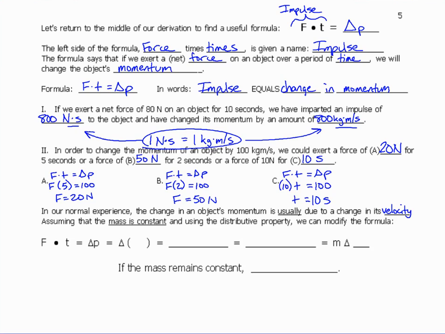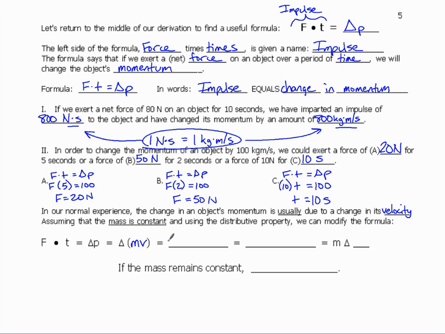Velocity is easy to change. So force times time, that's impulse, equals the change in momentum, delta P. And we know that P is actually mass times velocity, so delta P is delta mv.